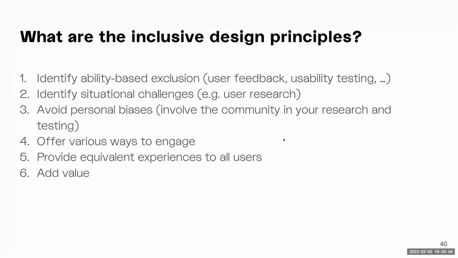And the last one is to add value. When we design a solution for one category of people, sometimes it can benefit other people. Take the example of captions and transcripts I mentioned before: captions were designed for people who were deaf or hard of hearing, meaning they can't really listen without an added device or raising the volume.